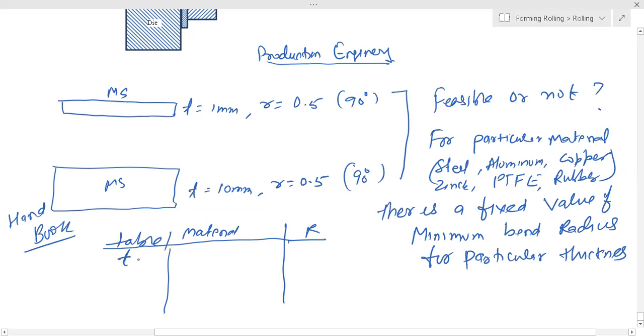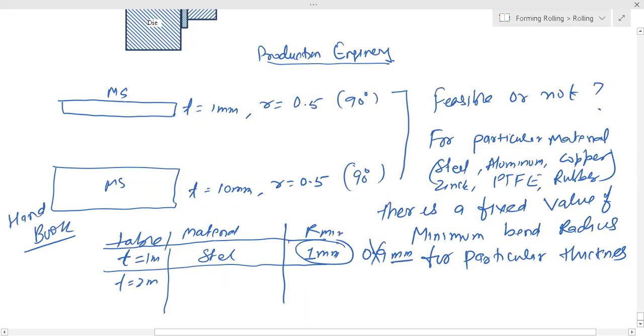So thickness is given, suppose 1 mm or thickness is 2 mm. For this material, suppose steel, there will be some minimum bend radius, suppose 1 mm. So you can bend up to this only. You cannot bend 0.9 mm. That is the minimum bend radius.